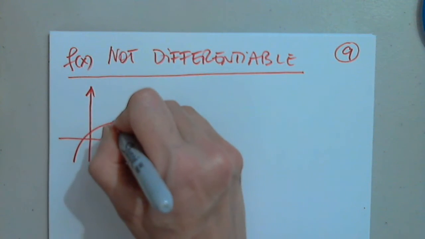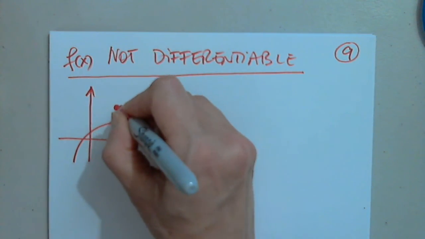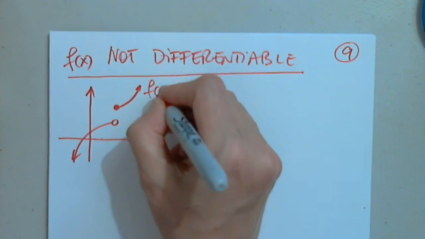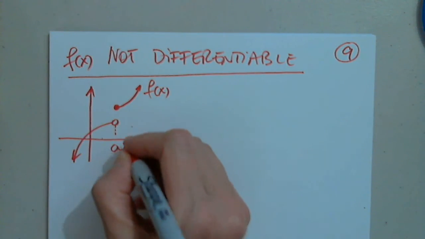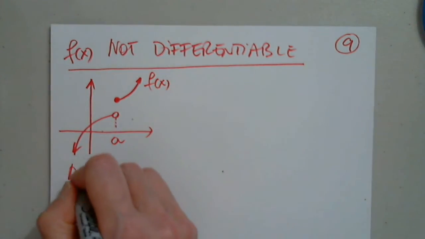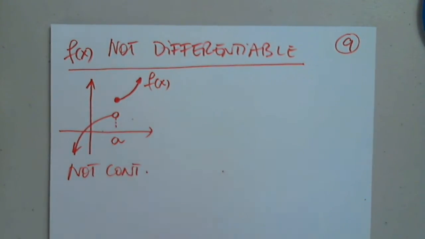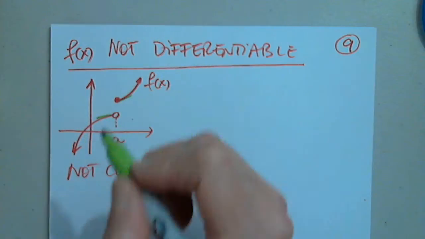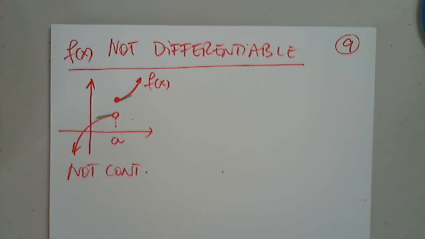One situation: this function is not differentiable at a because it's not continuous. Period. Done. If it's not continuous, I cannot determine the tangent at this point. There are two tangents. And the tangent has to be unique and have one slope, not two different tangents.